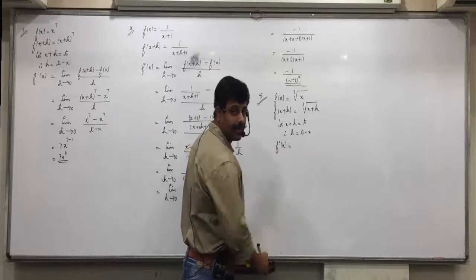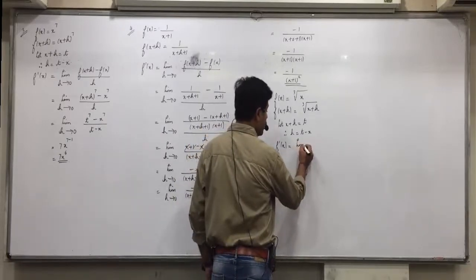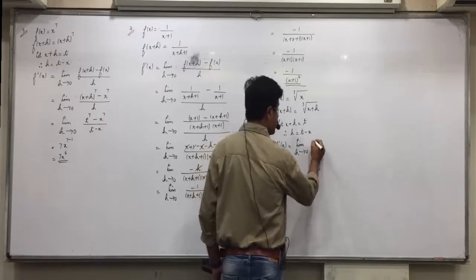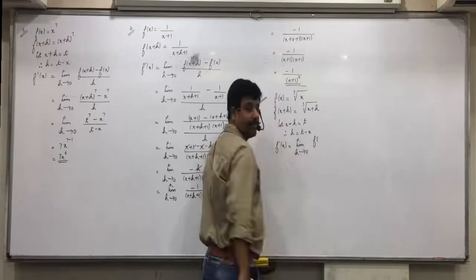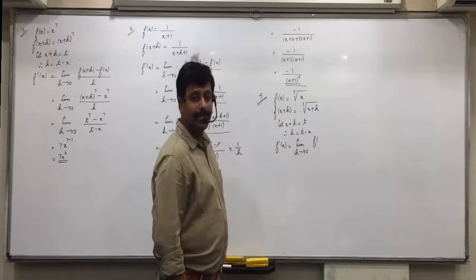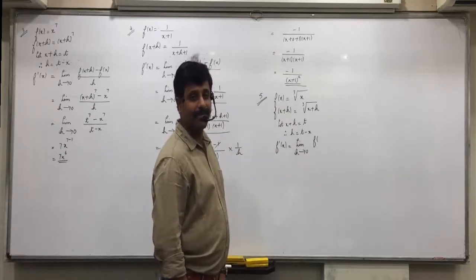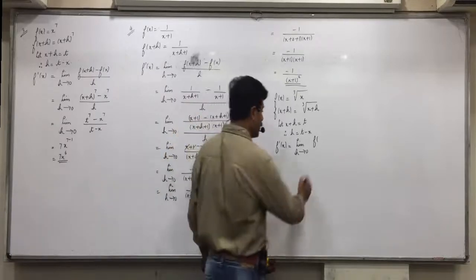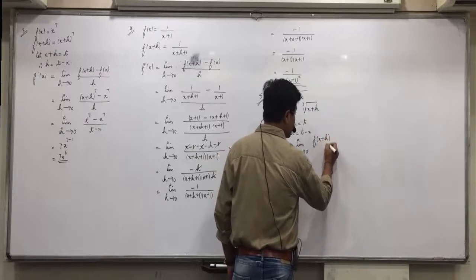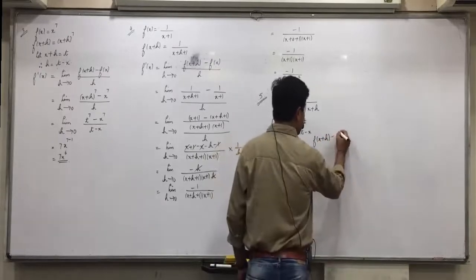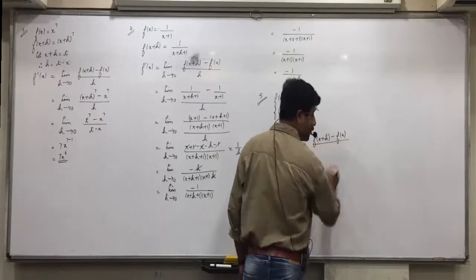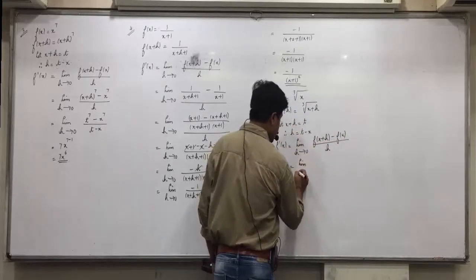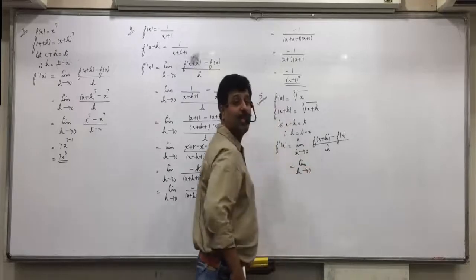Now, f dash x, limit h tends to 0, then f(x+h) minus f(x) upon h. Silence everyone. Yes, further. Limit h tends to 0.